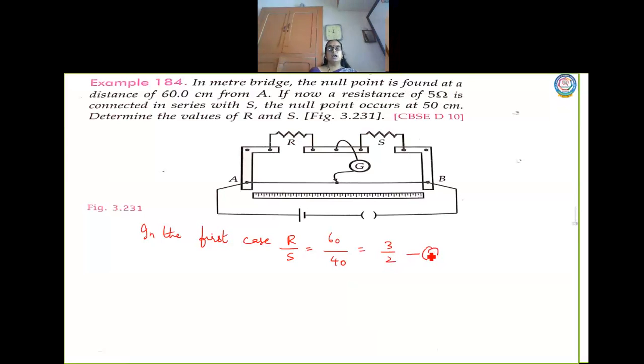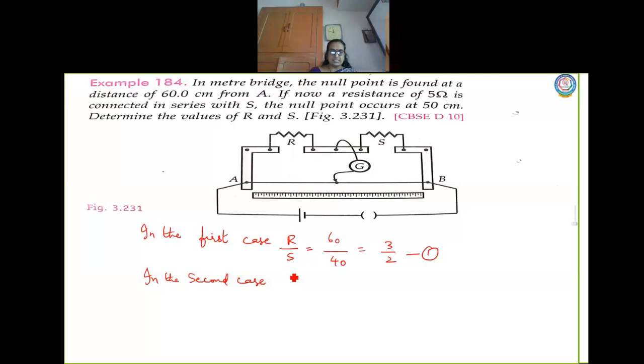Right. If now a resistance of 5 ohm is connected in series with S, the null point occurs at 50 centimeter. So in the second case, they have increased the known resistance by 5 ohm.